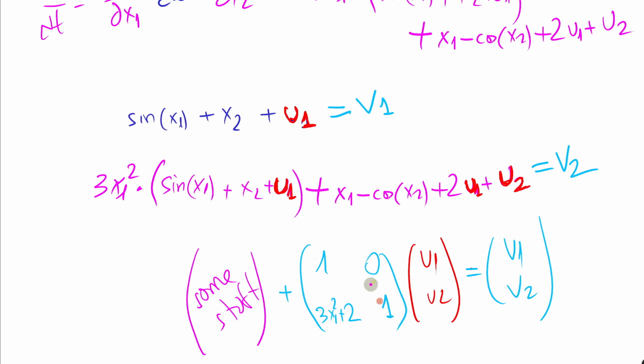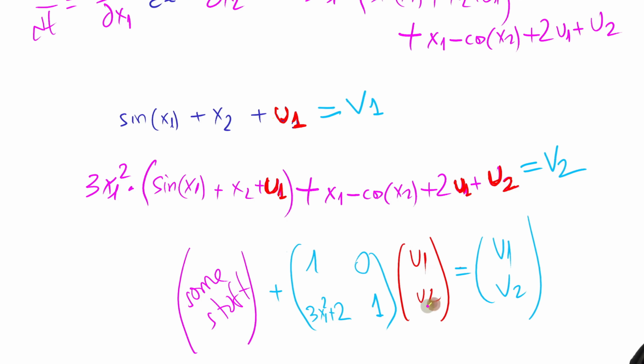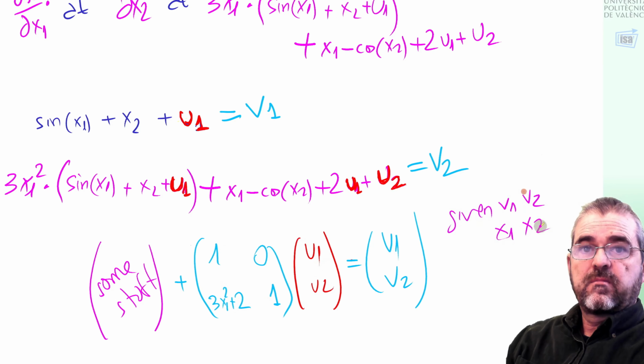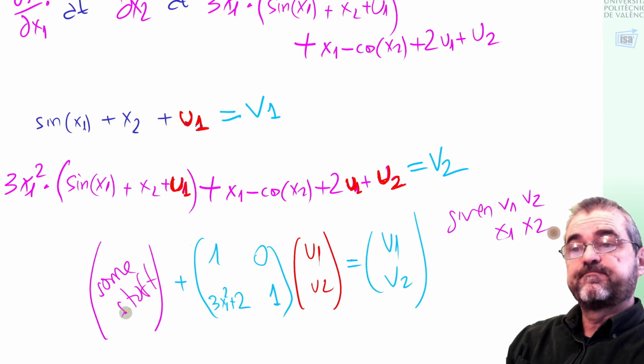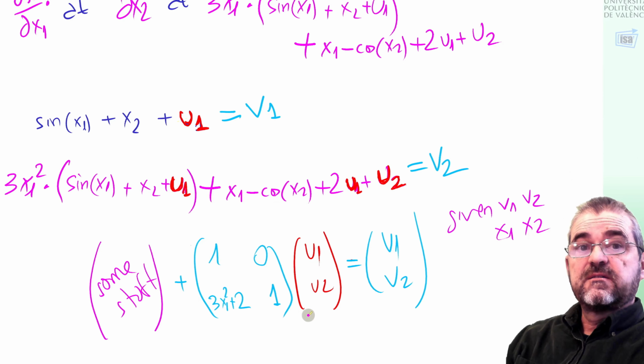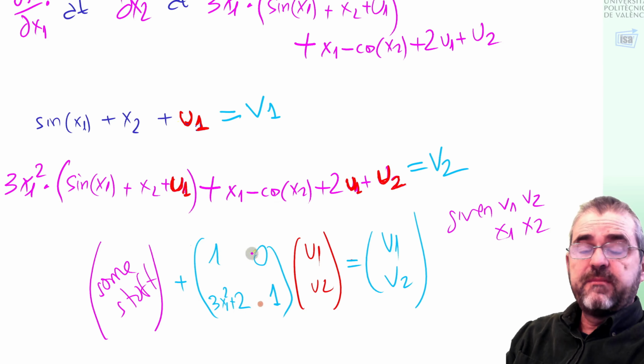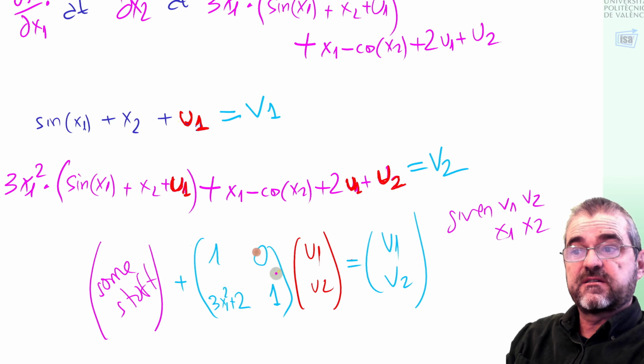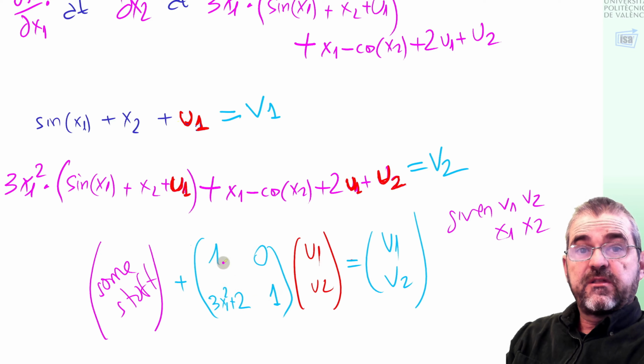So if this matrix is invertible, then we will be able to solve for u1 and u2 given v1, v2, x1, x2. And in fact, in a general setting, the values of the state that render this matrix non-invertible, I mean the values of the state that make the determinant of this matrix equal to 0, these points are called singularities.